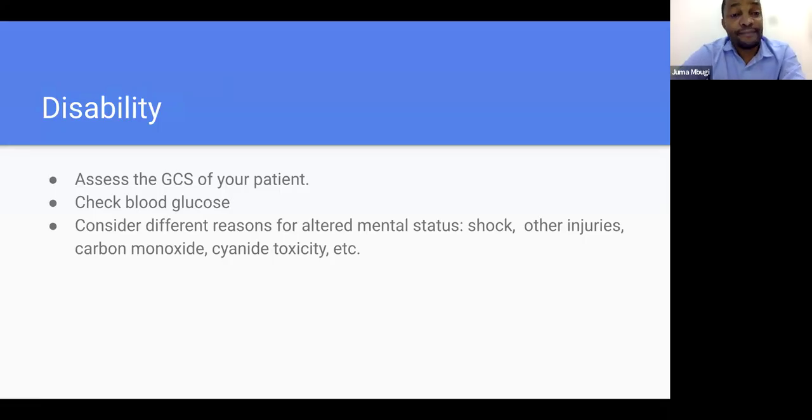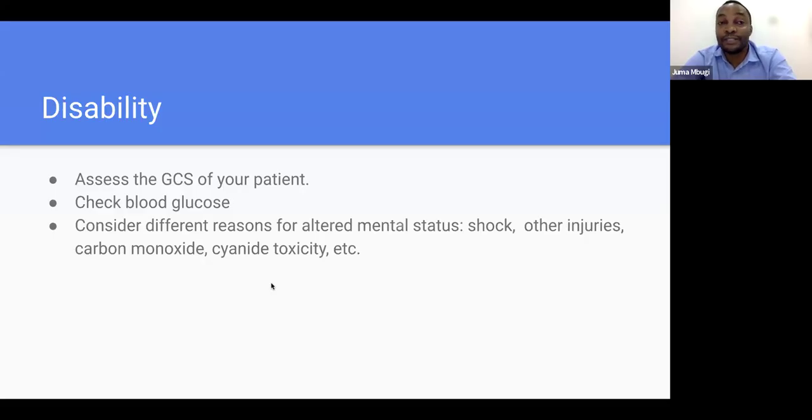And for disability, assess the level of consciousness of your patient, check blood glucose, and always look for other causes of altered mentation, because your patient may have sustained other injuries besides the burn injuries, as some burn injuries occur in multi-story buildings and people may fall.